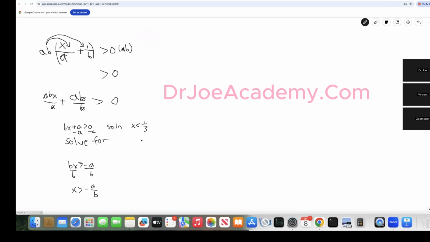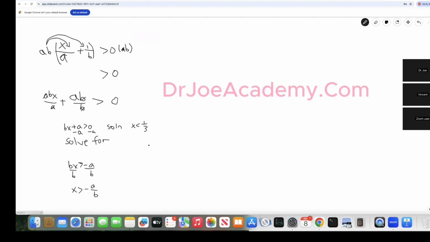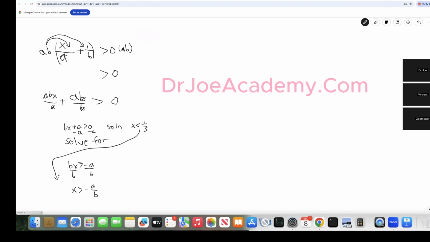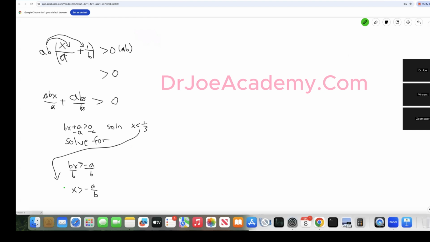But they said x is less than 1/3. So what does negative A over B have to be less than? I can put this right here, right? Because x has to be less than 1/3. So I can say x is less than 1/3.